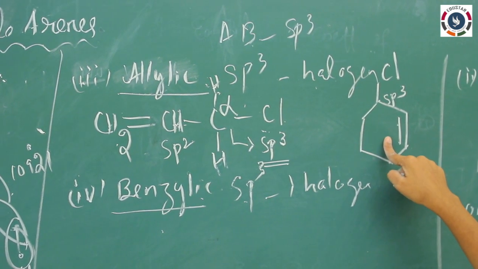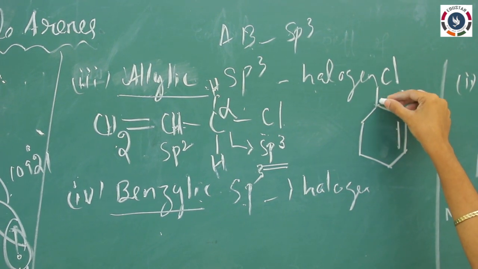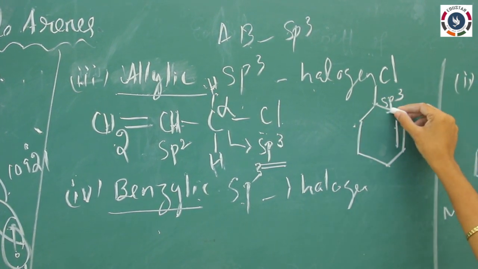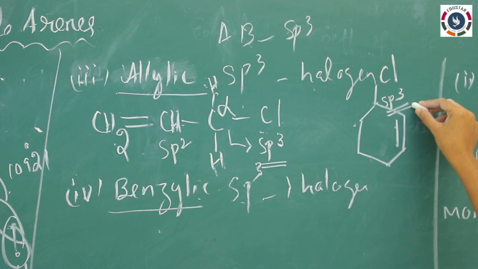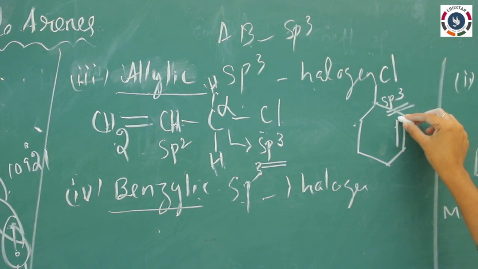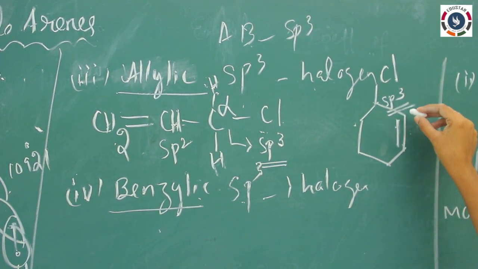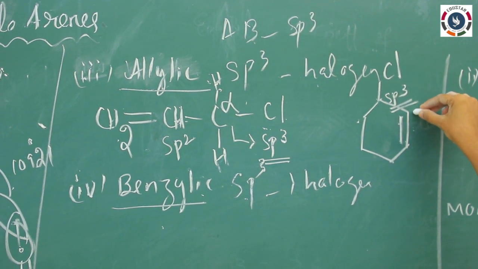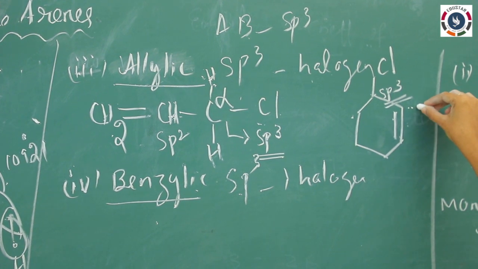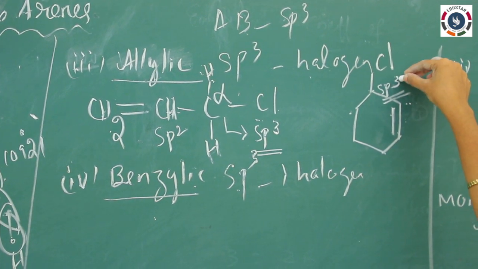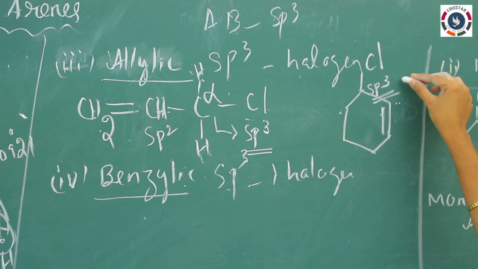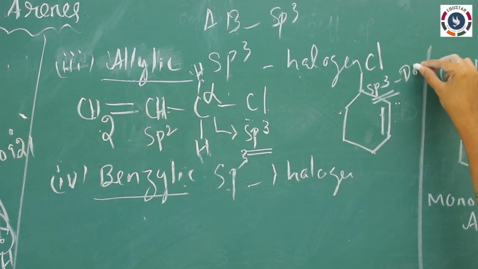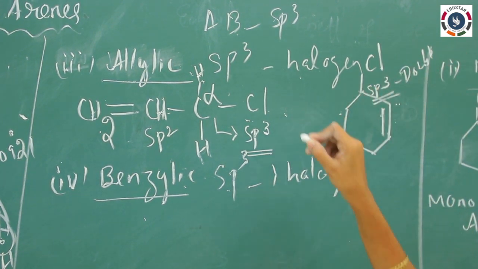This is just a cyclohexane, and all the carbon atoms in the cyclohexane will be sp3 hybridized carbon. I am having just a small alkene here. So, this sp3 hybridized carbon is attached to an sp2 hybridized carbon, or we can say the sp3 hybridized carbon is attached to a double bond. This is the allylic group.